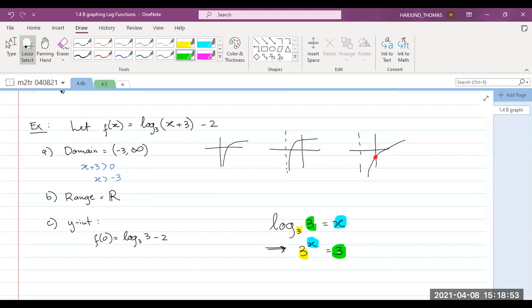Okay. If you don't get used to it yet, then that's what you do. You're supposed to get used to it already, though. But I know some intermediate algebra teachers don't do a good job there. So 1 minus 2 equals -1. So the y-intercept is (0, -1). Now, how about the x-intercept?